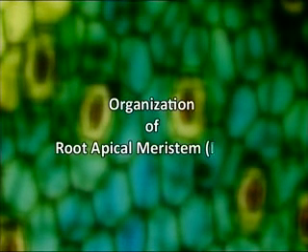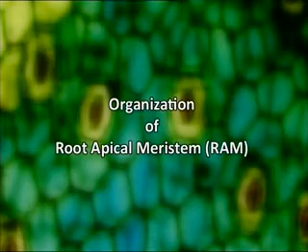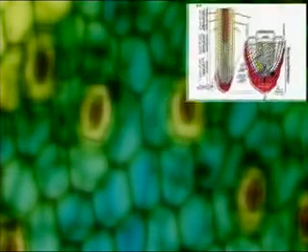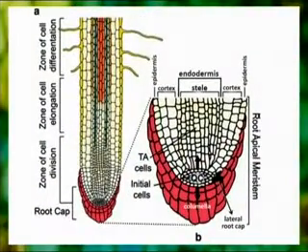Now, organization of RAM in plants, that is root apical meristem. Precociously determined during embryogenesis and indeed before the establishment of the root apical meristem, the RAM exhibits a proliferative multicellular dome that includes apical initials and their derivative cells.